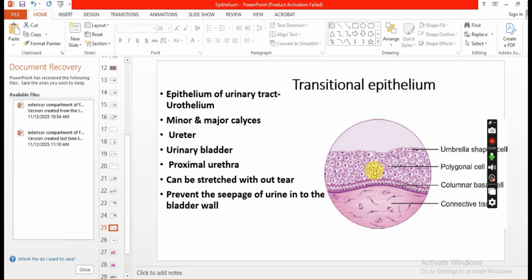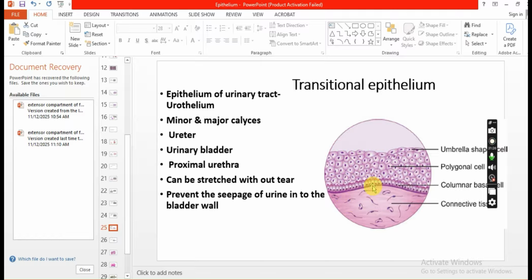This type of epithelium is seen in the urinary system. It lines the minor and major calyces, pelvis of the ureter, the urinary bladder, and the proximal urethra. Hence this epithelium is otherwise called urothelium.